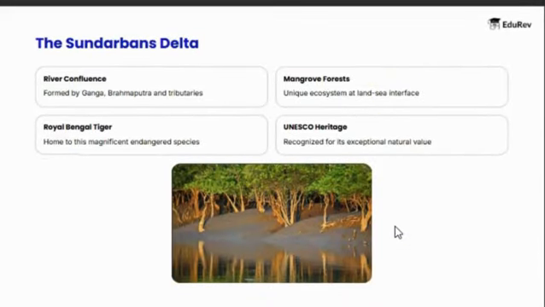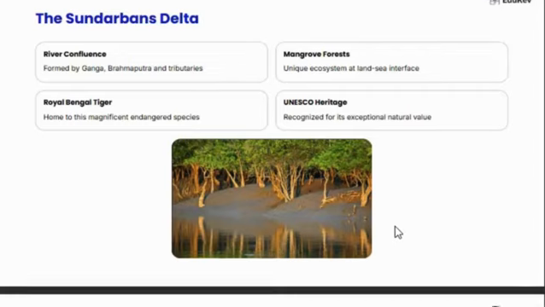And the Sundarbans Delta, formed by Ganga, Brahmaputra and tributaries, is also recognized as a UNESCO heritage site. It has exceptional natural value and is home to magnificent endangered species, and also a unique ecosystem at the land-sea interface.